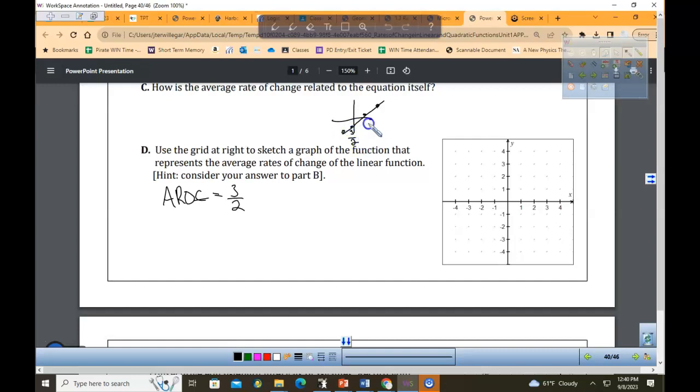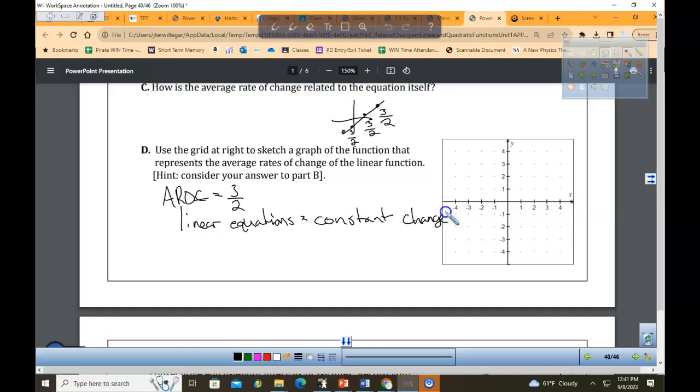It's 3/2 here, it's 3/2 here, it's 3/2 here. So because this is a linear equation, linear equations have constant change. So the change never changes. Alright, what's that even mean?